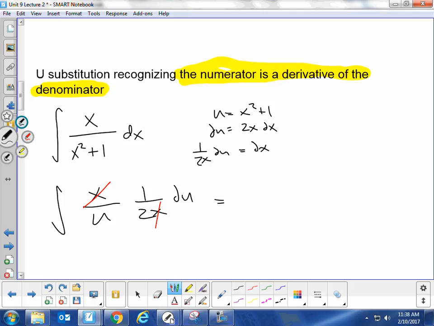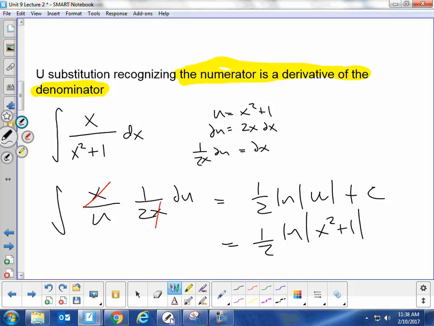The antiderivative of 1 over u would be log absolute u. So this would be 1/2 log absolute u plus c, or 1/2 log absolute x squared plus 1 plus c. Okay?